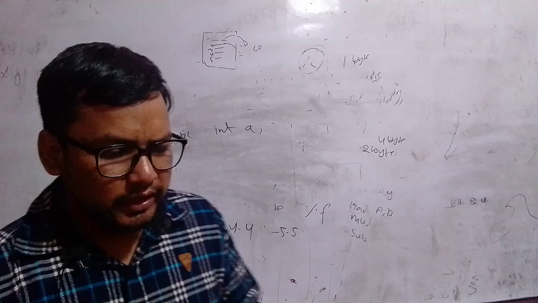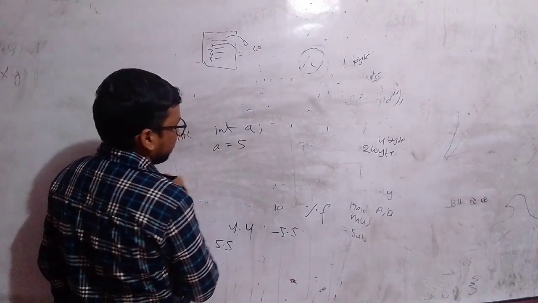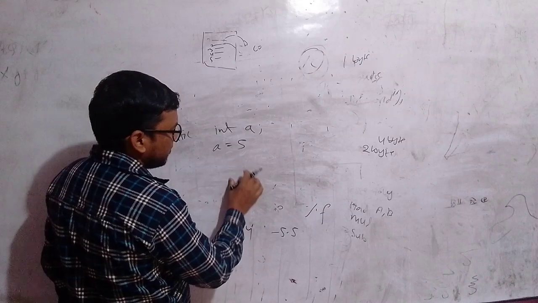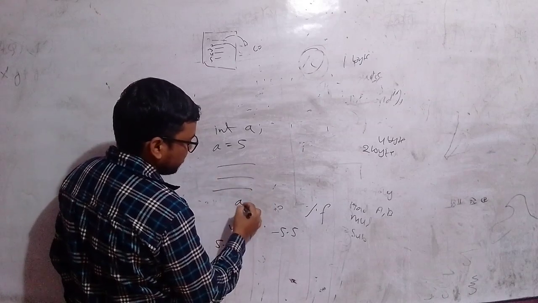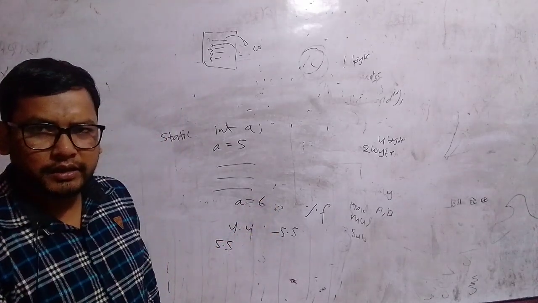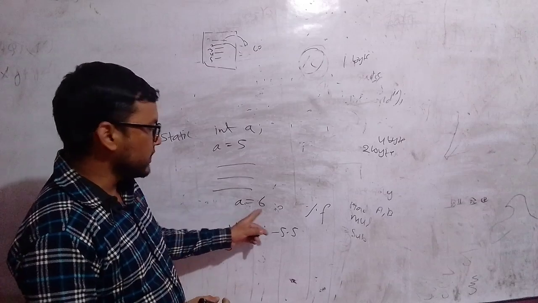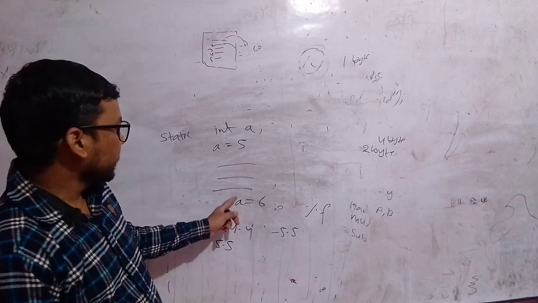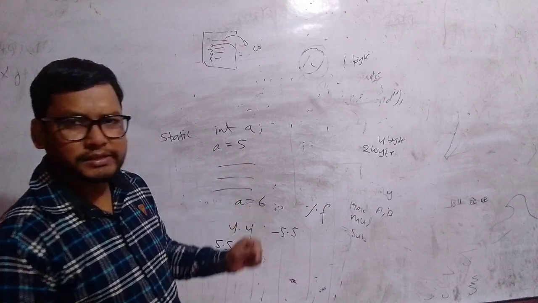Static means, suppose we assign a equal to 5, and while executing the program, after a certain point we give a equal to 6. Then after the control passes, a is equal to 6, so a replaces 5 by 6.